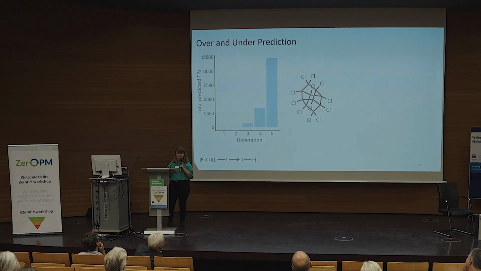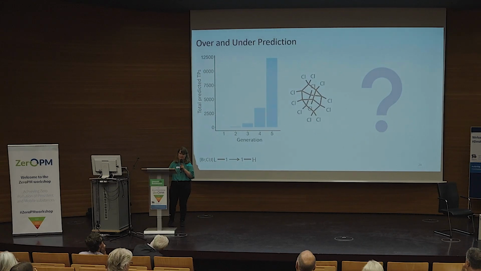And this seems to stem from some very generic reaction rules that these models have, like this dehalogenation rule, for example. And so our database will, of course, contain several reactions that might not occur in reality. And on the other side of that as well, there might be some data-poor compounds where the model doesn't contain a certain reaction rule, and so a transformation product that might exist won't be predicted.